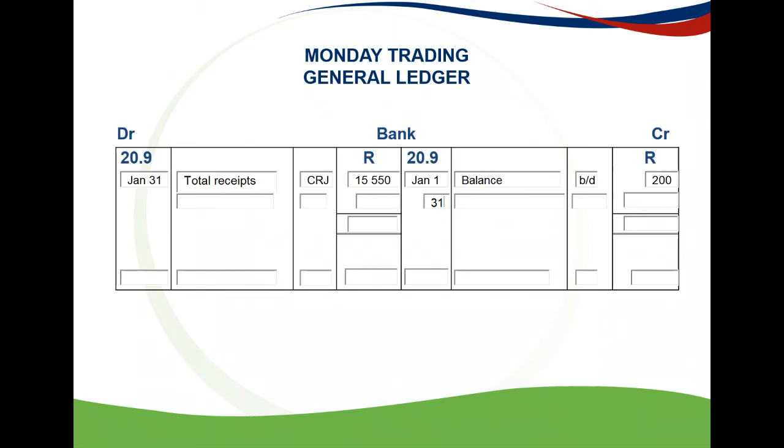So on the 31st of January, I will then have my total payments, and that will be coming from my cash payments journal. My amount is 18,220.